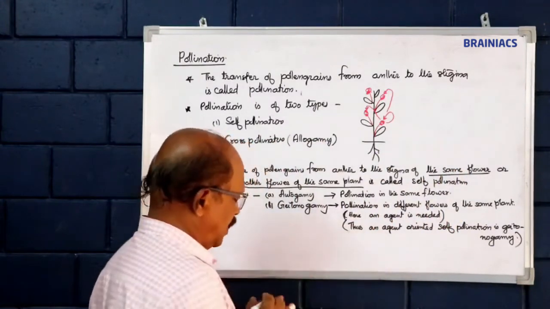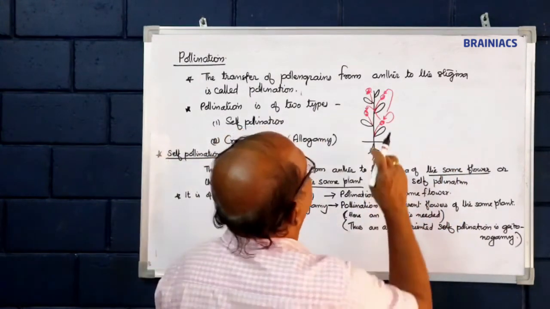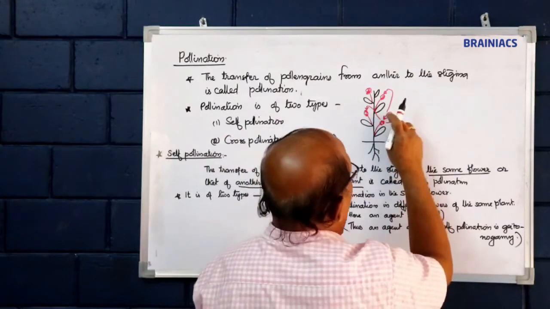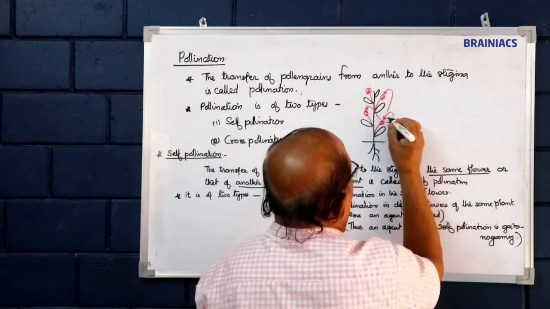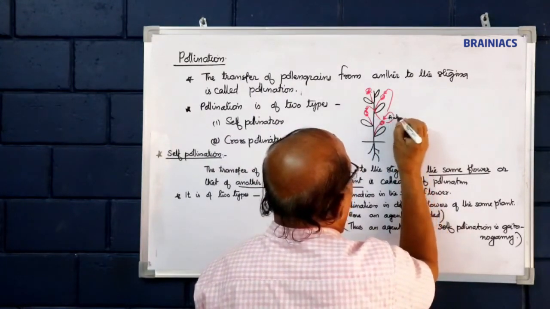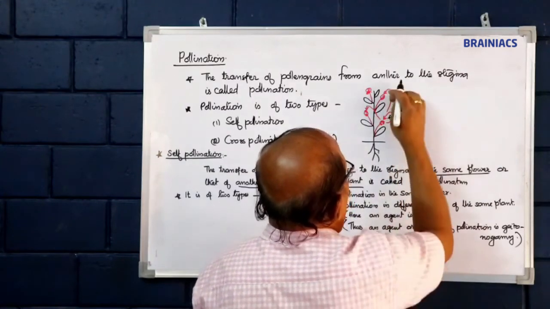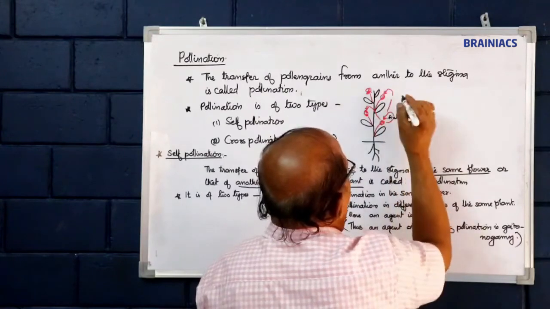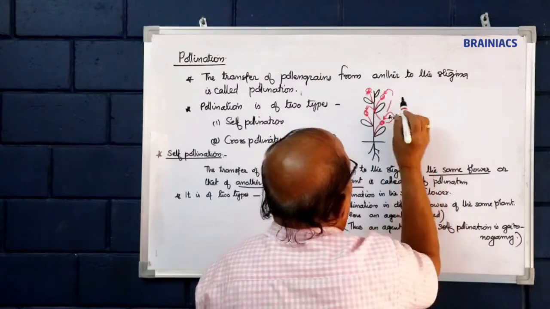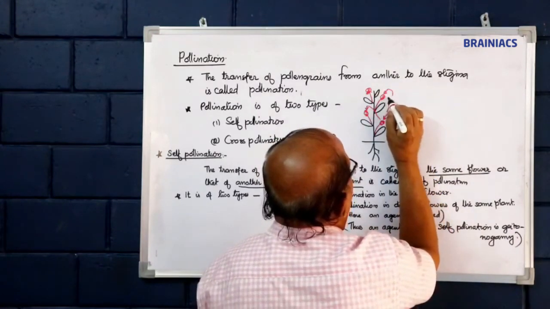To summarize: the transfer of pollen grains from anther to the stigma of the same flower is autogamy. Transfer of pollen grains from anther to the stigma of another flower of the same plant is called geitonogamy.